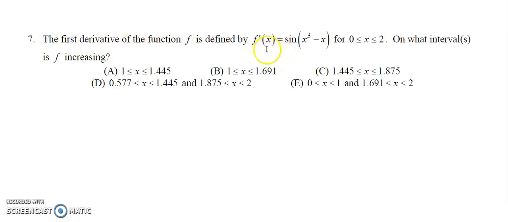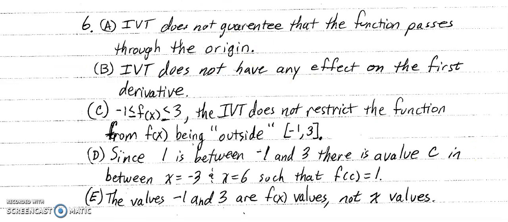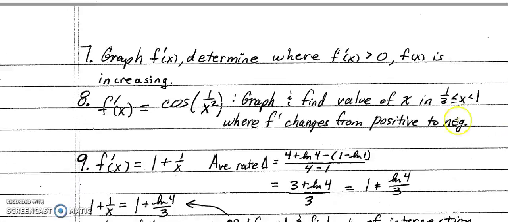First derivative. So here's f prime. Where's f increasing? So how do you know, if f is increasing, what do you know about the first derivative? Exactly. First derivative is positive. So we've got the first derivative already. All we do is punch it in the calculator.